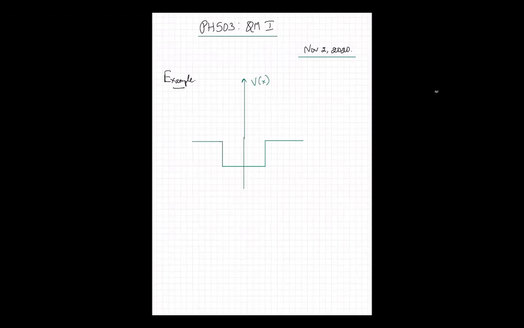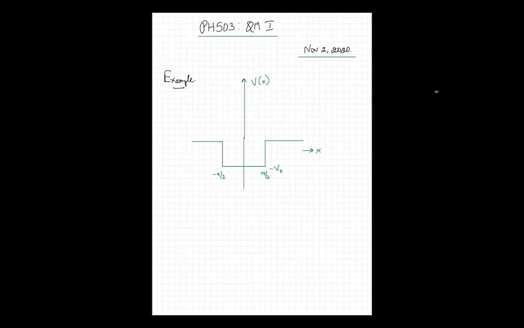So the depth of this well is minus V0. This is my x-axis. So between some point x equals minus a over 2 and plus a over 2, there is a small well. Okay, this is a potential well example.